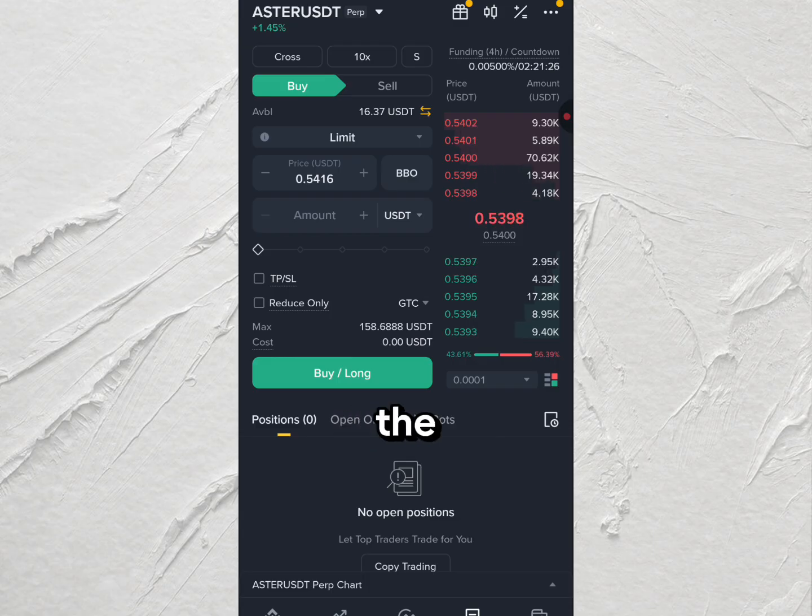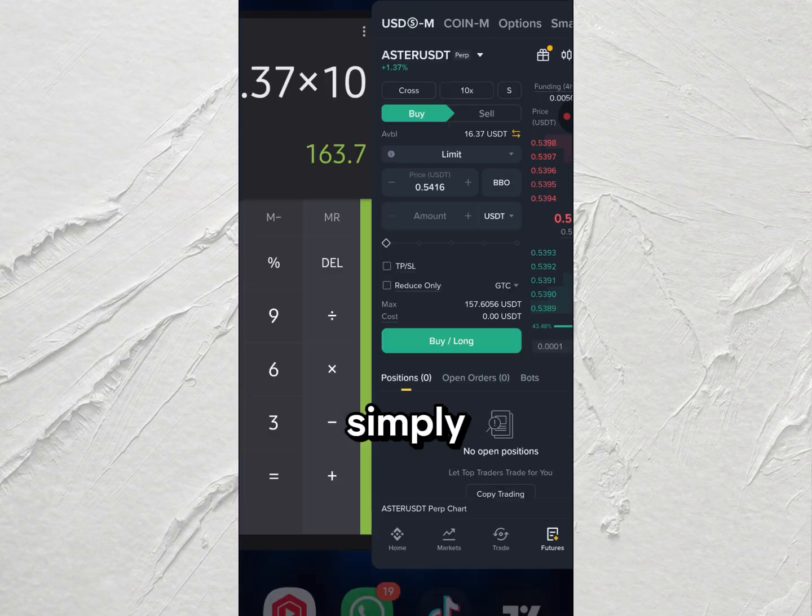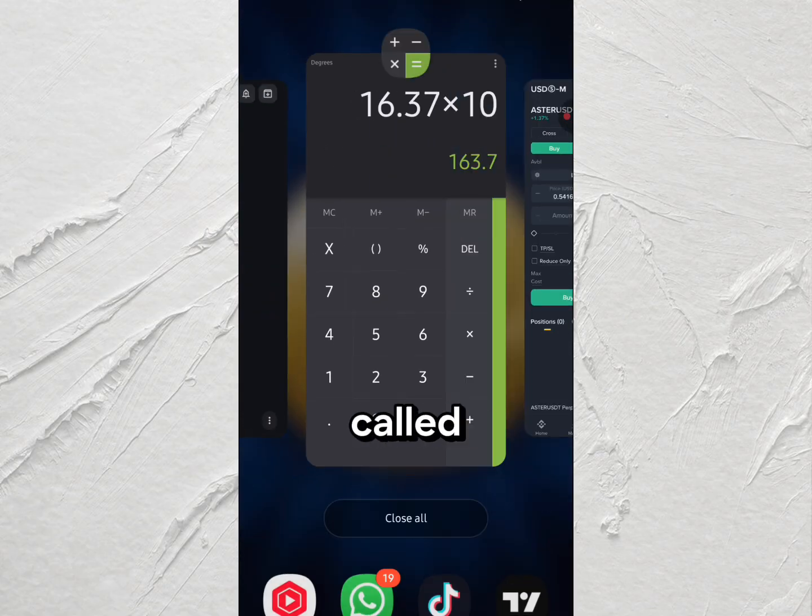If you want to know the value of it in ASTA, because ASTA is the currency here, that's the asset itself. If you want to know how much ASTA you will be using to either short it or long it, you convert that amount to ASTA. That's simply by doing division.